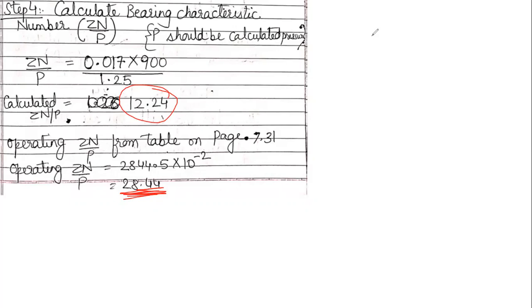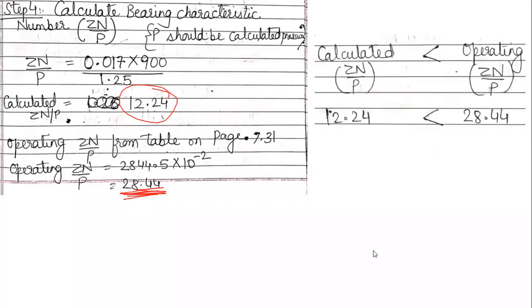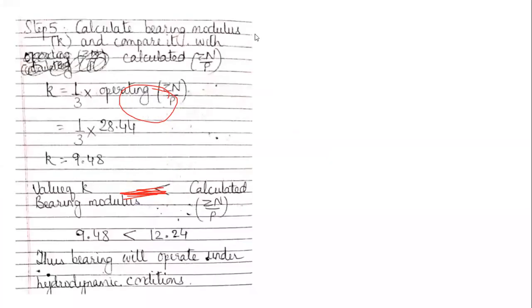Since calculated Zn by P is less than operating Zn by P, we can proceed with the fifth step, that is to compare the value of calculated Zn by P with the bearing modulus. So let us first calculate the bearing modulus, small k, 1/3 into operating Zn by P. Operating Zn by P is available in the PSG Design Data Book for centrifugal pumps on page 7.31.